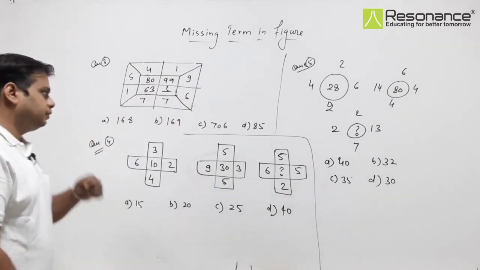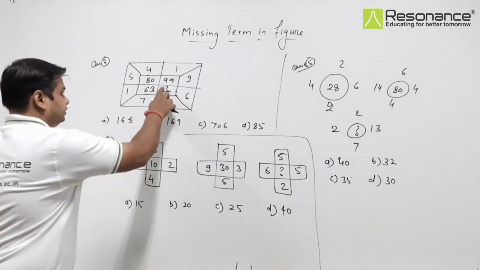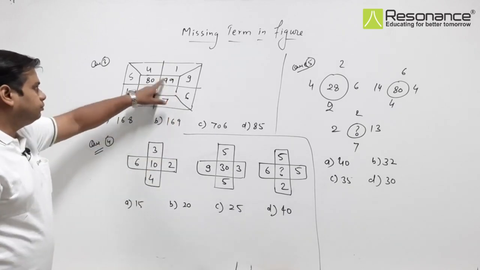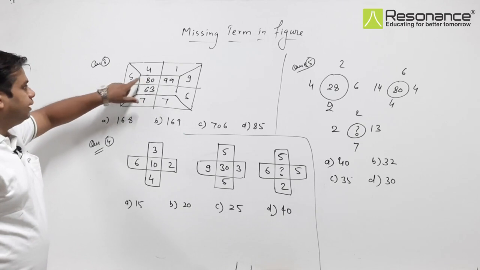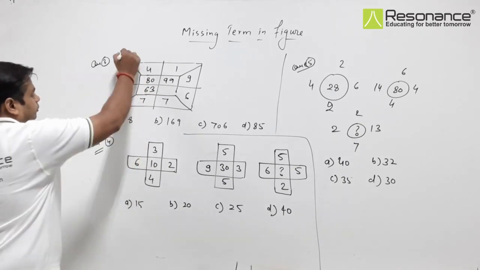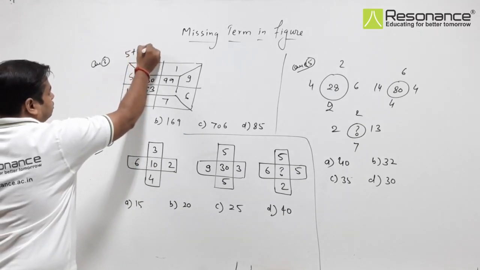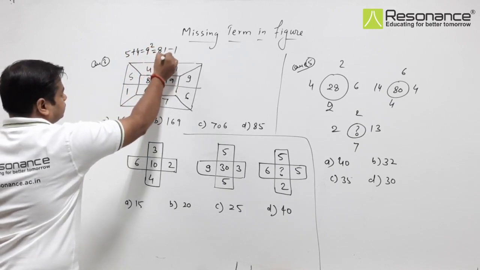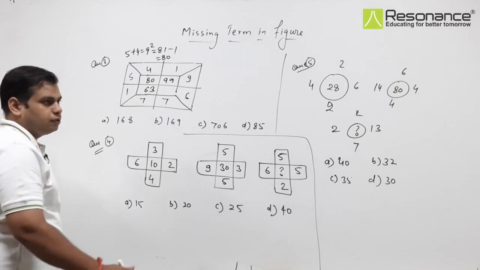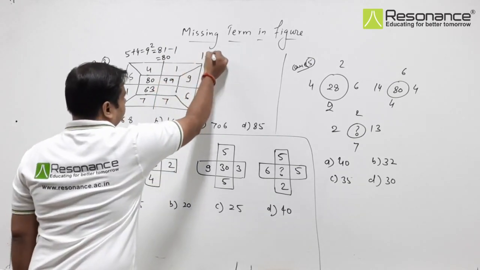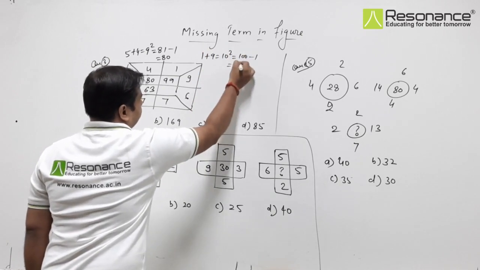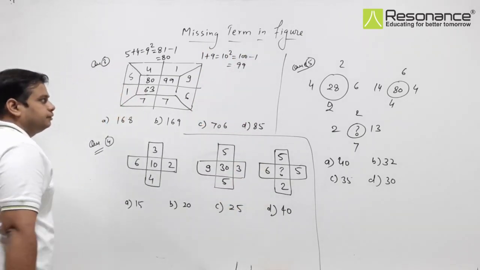Now let's see. Obviously the larger numbers are resultant numbers, so the inside numbers are resultant. 80 we have to make from 5 and 4. We can say 5 plus 4 is 9 and 9 square is 81. 81 minus 1 is 80. Similarly, 1 plus 9 is 10, 10 square is 100, 100 minus 1 is 99.